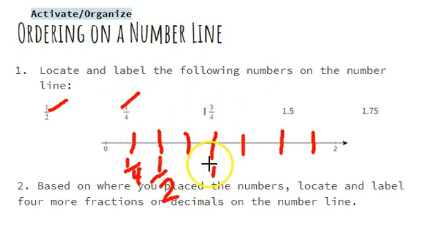Then 1 3/4, so it's 1, but then I've got to go 3 of those fourths beyond that. And now I've got the 1 5/10. What's another way to say 5/10? Yeah, 1/2. So 1 and 1/2 will go right here.